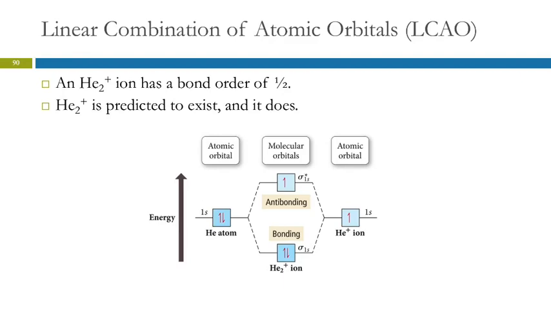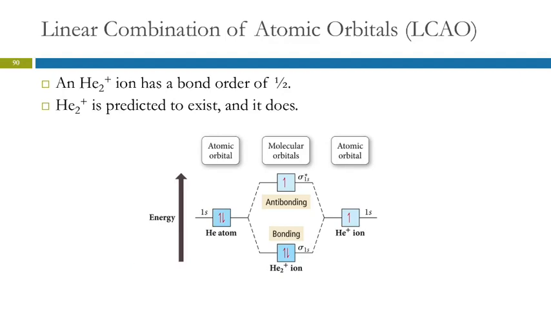What if we had an He2 plus ion? I know these are very, very strange things we're looking at here. Well, He2 plus would be like that He2 molecule we were just looking at, except it's short one electron. It's missing an electron, right?